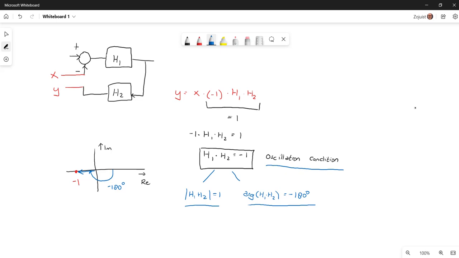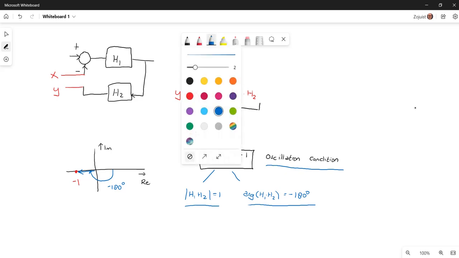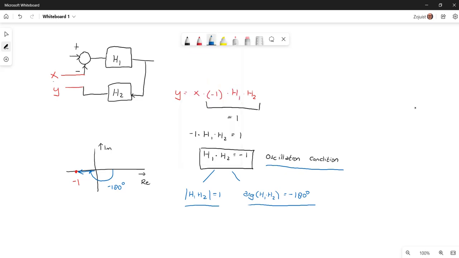You can also imagine that when the phase is minus 180 degrees, but the amplitude is higher than 1, then the following happens: signal X comes into that system, goes through the subtraction block, through H1, through H2, and H1 times H2 is in this case higher than 1, so it gets amplified, but the phase is still the same.